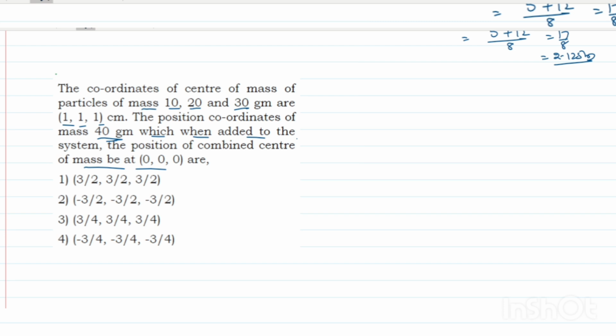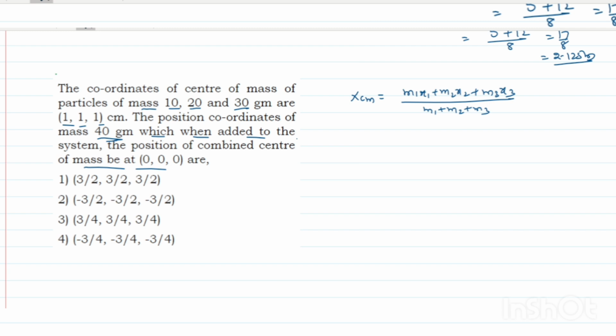Let us take the first scenario for a 3 particle system. So here you can write XCM as m1 x1 plus m2 x2 plus m3 x3 by m1 plus m2 plus m3.